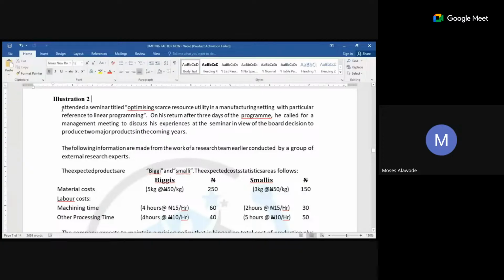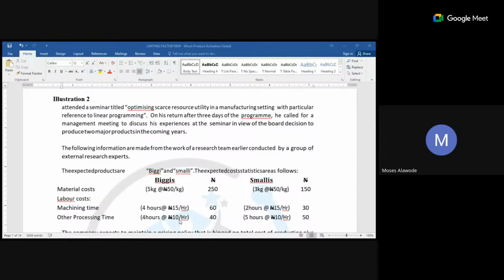Attended a seminar titled Optimizing Scarce Resources Utility in a Manufacturing Setting with a particular reference to linear programming. On his return, after 3 days of the program, he called for a management meeting to discuss his experiences at the seminar in view of the board decision to produce 2 major products in the coming years.